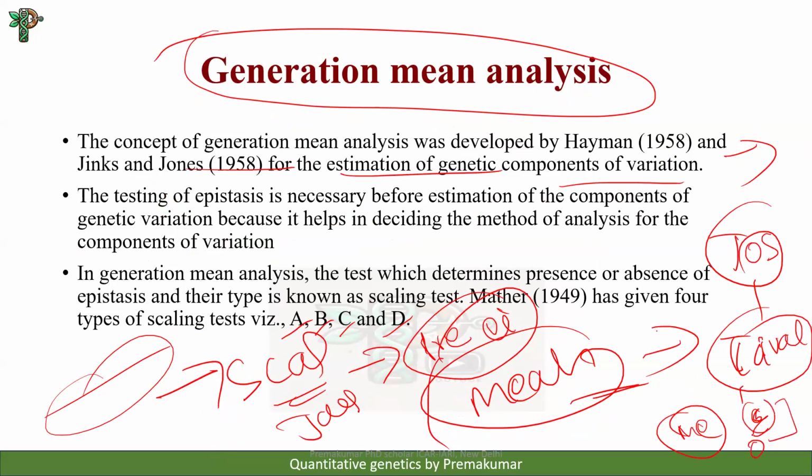We do a chi-square test for expected mean and observed mean. Based on the significance of the chi-square test, we can estimate all the genetic parameters and say whether there is a presence of epistasis or not. That much detail is not needed. The information present in Kundan Singh and SSRI is more than enough for the ASRB NET.